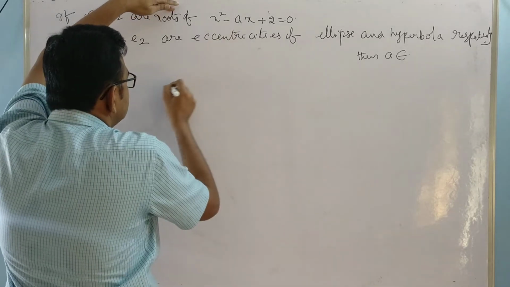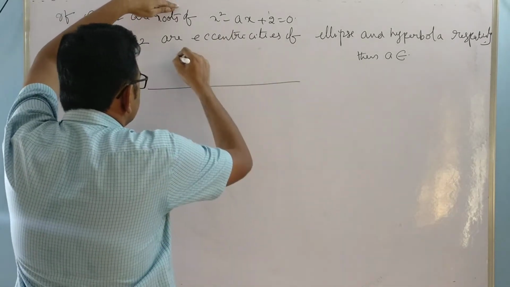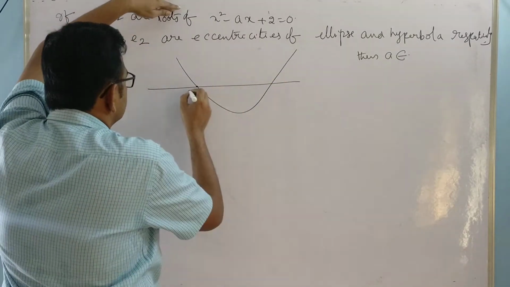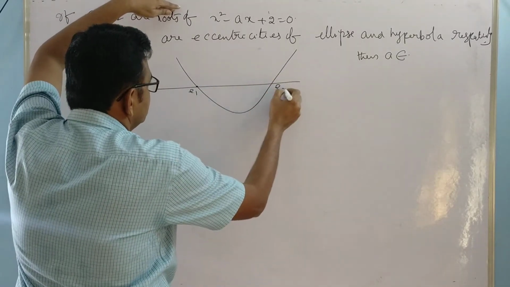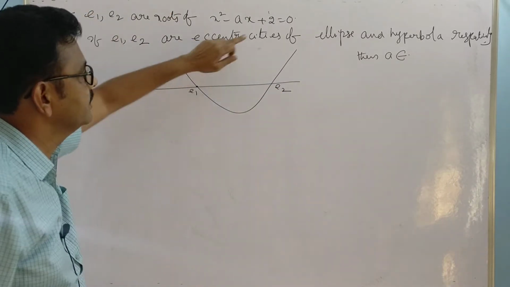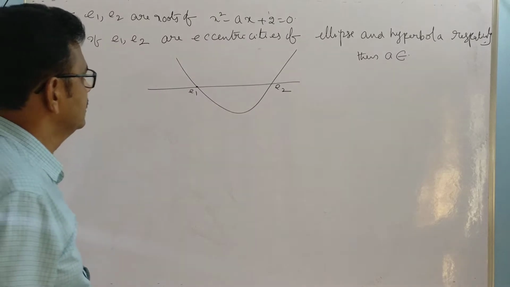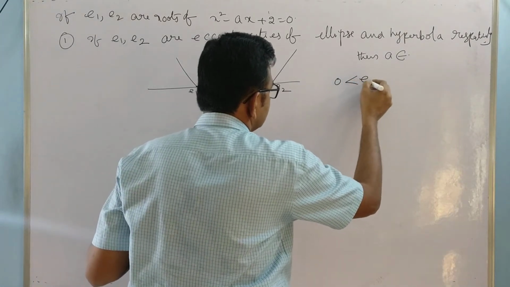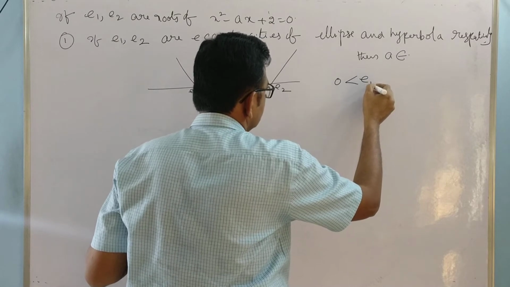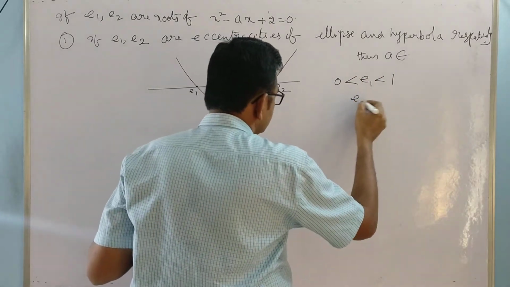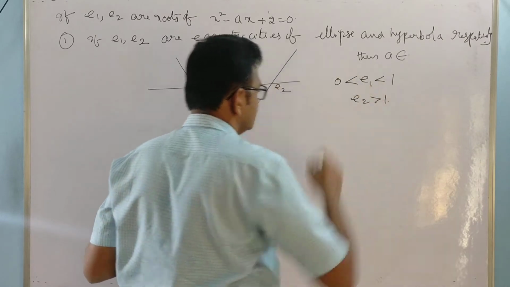So clearly this is an upward parabola because, so this is E1, one root, E2 a root, where E1, E2 are eccentricities of the ellipse and the hyperbola. That is, E1 is less than 1 and E2 is greater than 1.